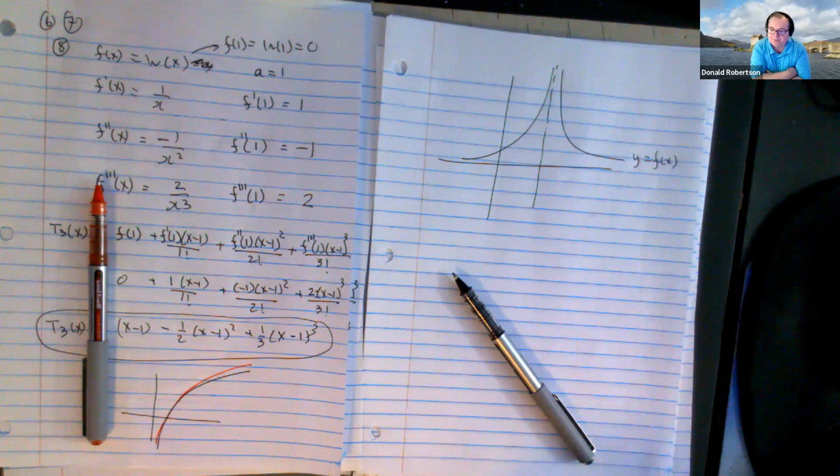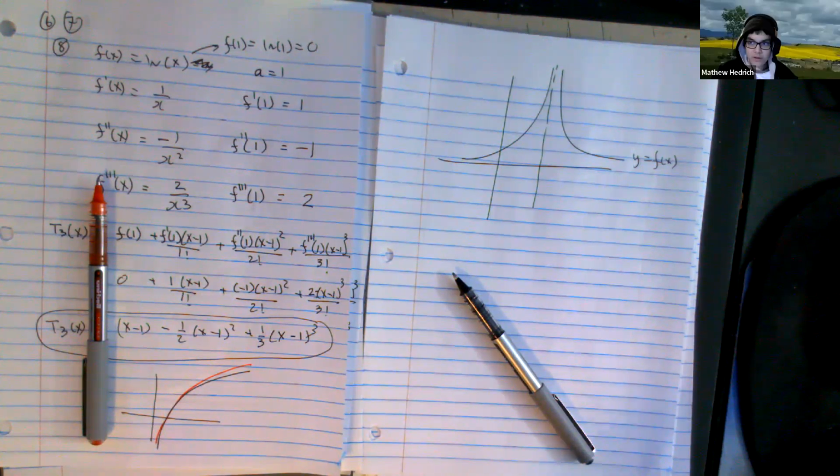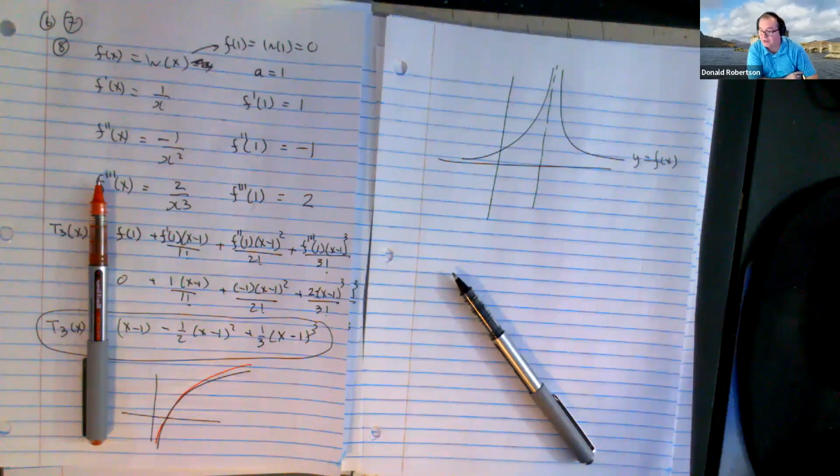Nothing weird going on. What do you think would happen if I tried to do a Taylor series of a function that had something weird in it, like a vertical asymptote, for instance? You would end up adding infinity. Well, if you centered it on that, you'd end up adding infinity.